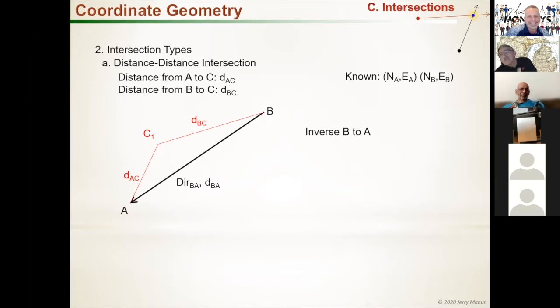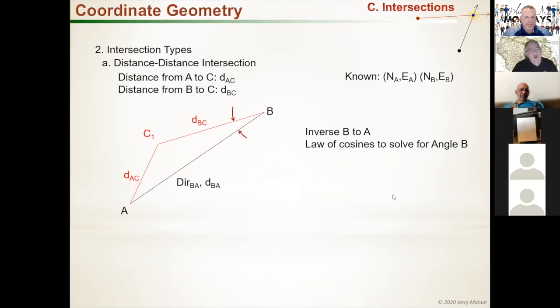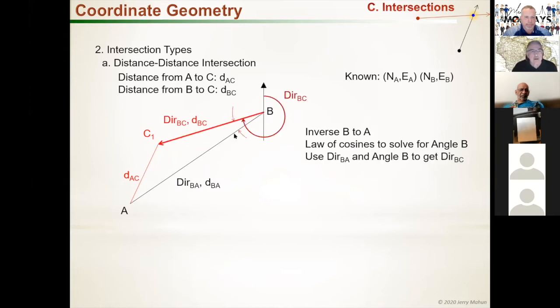No, you can't use law of sines, because you have to have at least one angle in order to use law of sines to solve for the other angles and that type of thing. Whenever you have three sides, you have to use law of cosines to solve. So law of cosines, you have to use that to solve for this angle up at B here. So I'm going to use law of cosines to solve for angle up at B. And once I do that, then I'll have this angle.